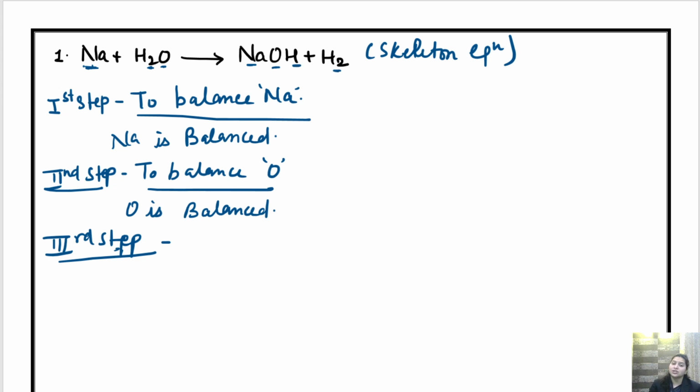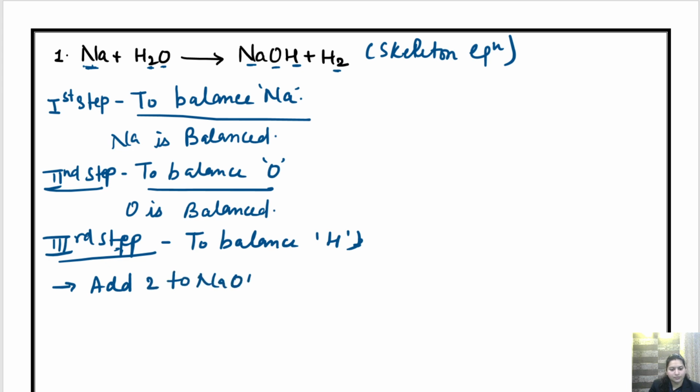Altogether we have 3 hydrogen. तो अब हम इसको कैसे बैलेंस करेंगे? So what we are going to do? We are going to add, right, to balance hydrogen, first step is we will add 2 to NaOH.